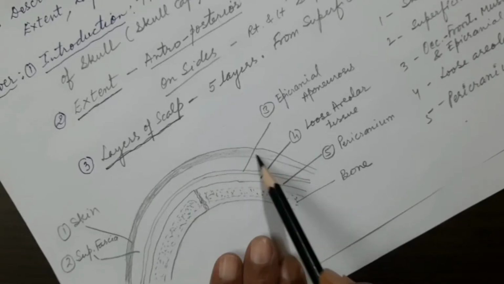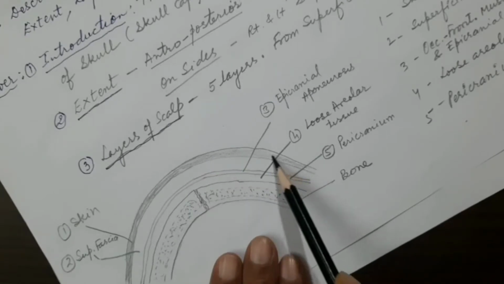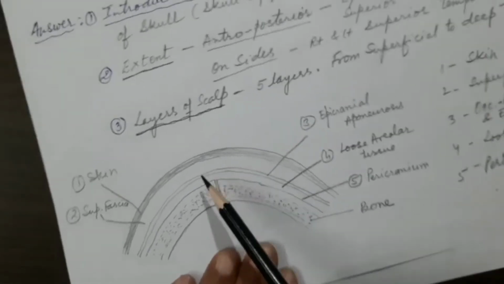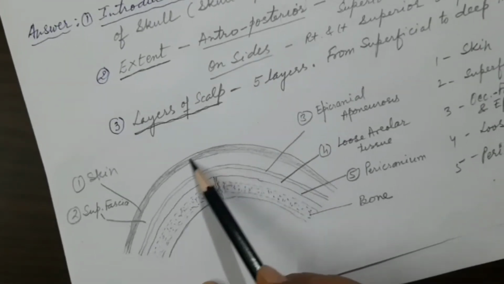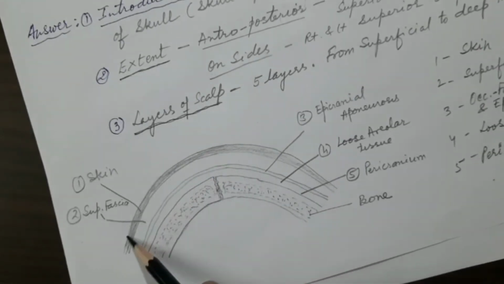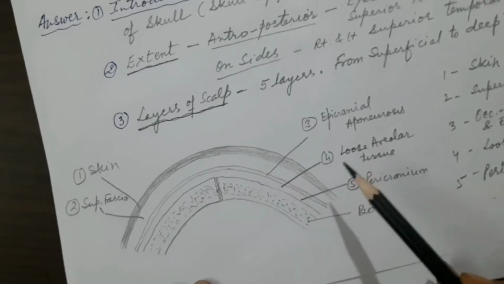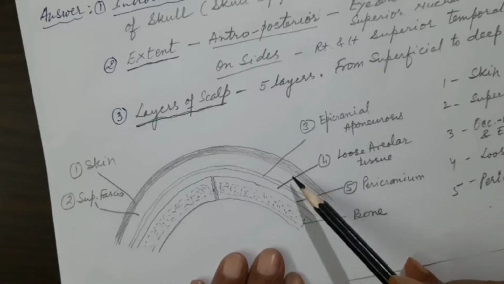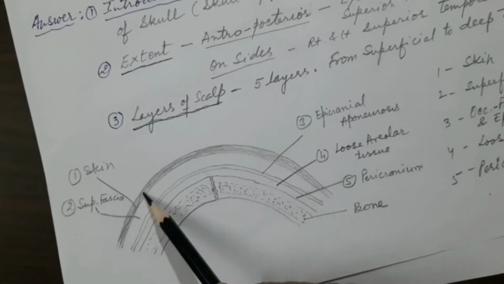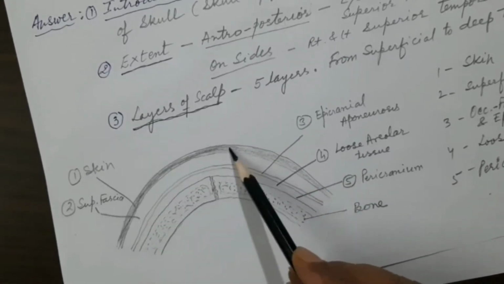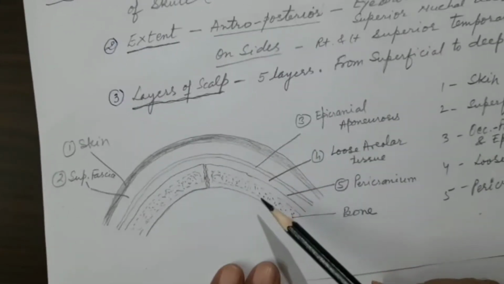The skin of the scalp has a lot of hair, and since it has a lot of hair, there are sebaceous glands associated with the hair follicles. So I have drawn the first layer, the skin layer.